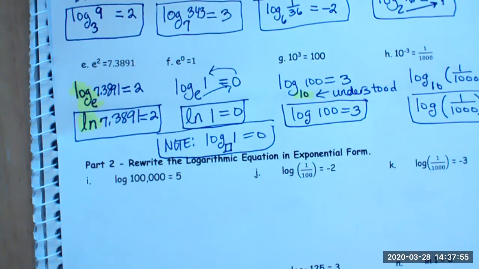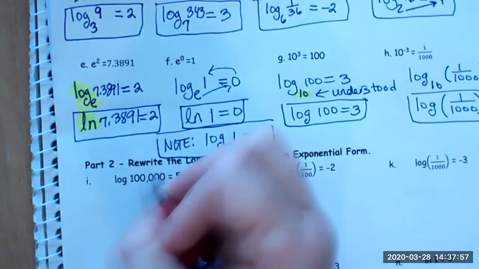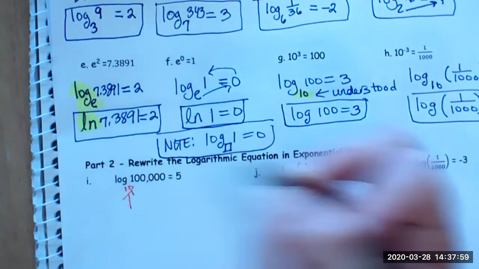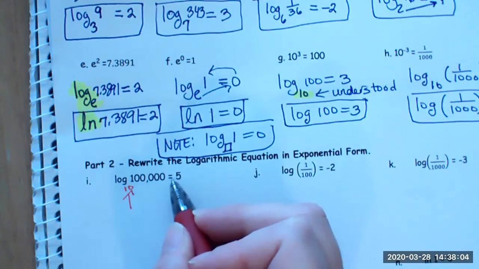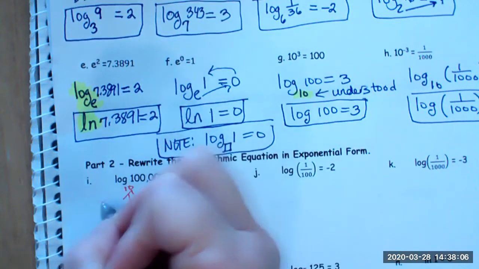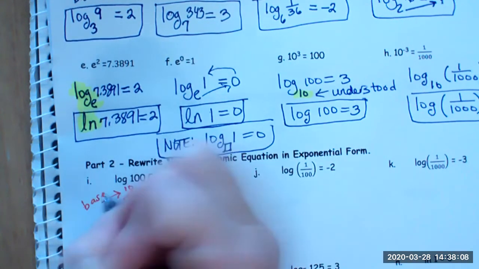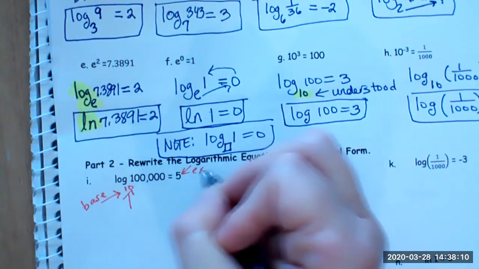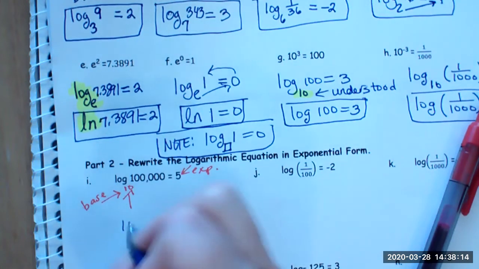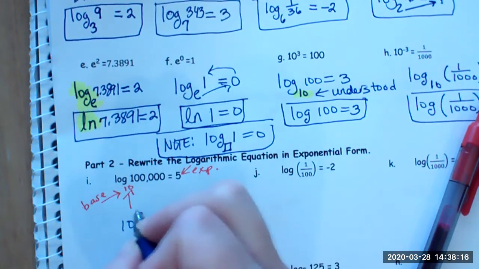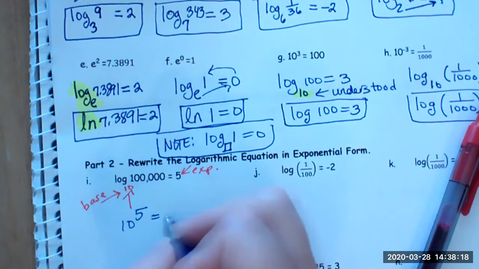So we can put a base 10 in here. And then if I want to change this to exponential form, here's my base, and the value of the log is the exponent. So I'll write 10 to the 5th power equals 100,000.